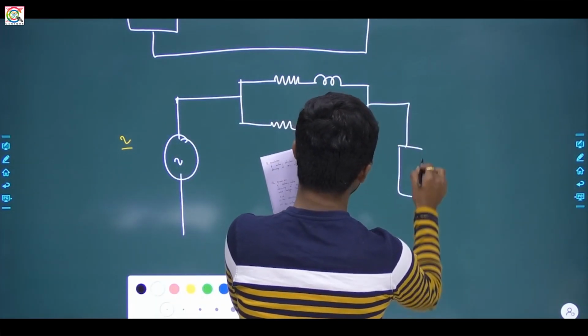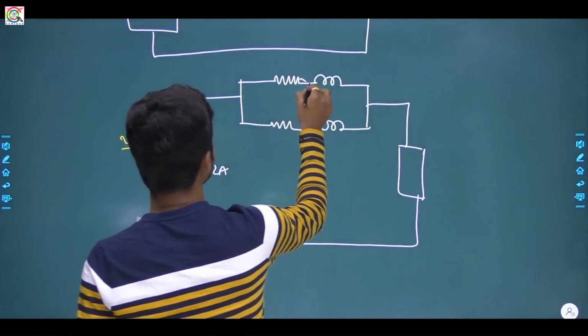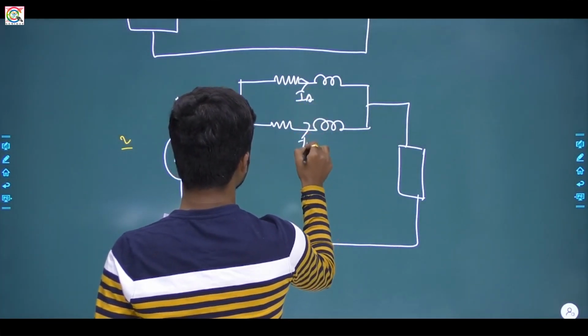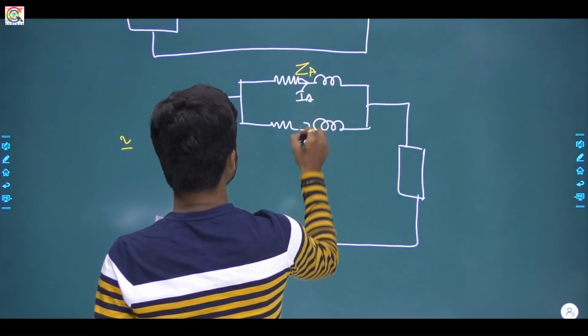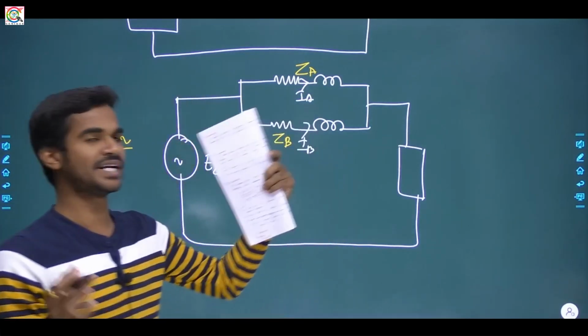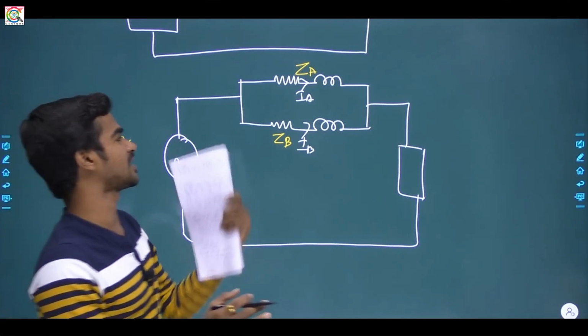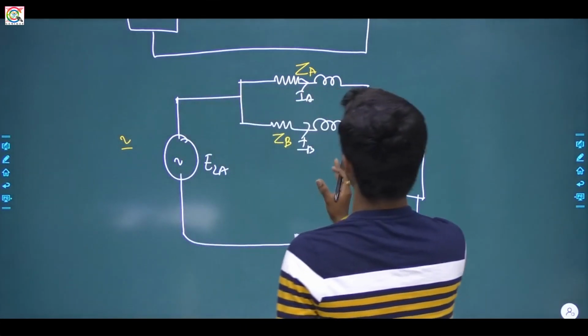This one is a common load. Here E2A is there, these are IA and IB, and then ZA and ZB. ZA and ZB are the impedances of transformer A and transformer B with respect to the secondary side.